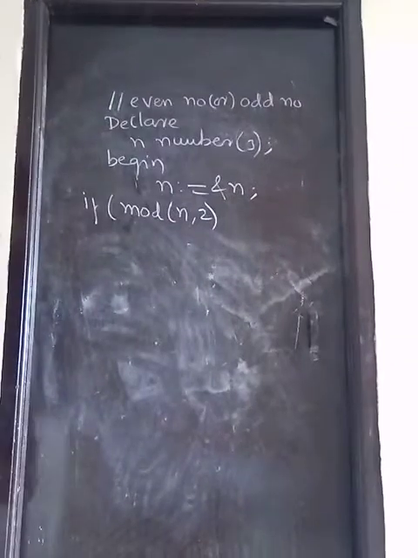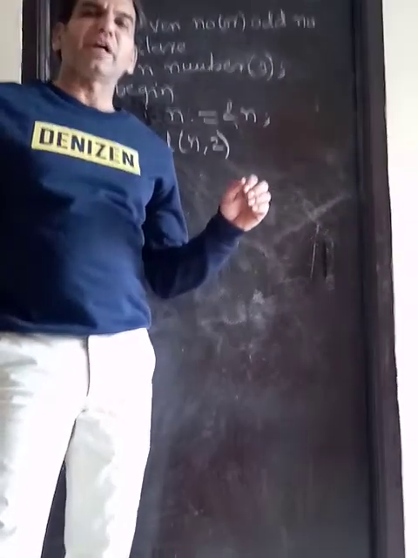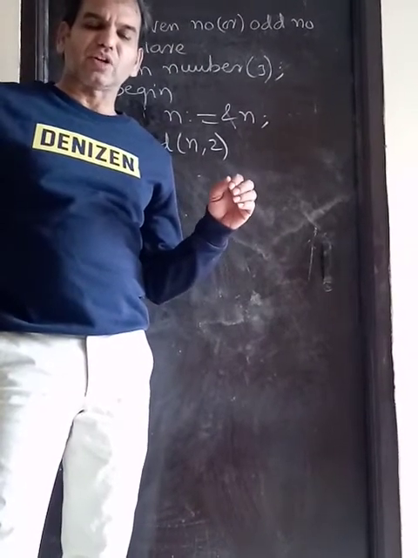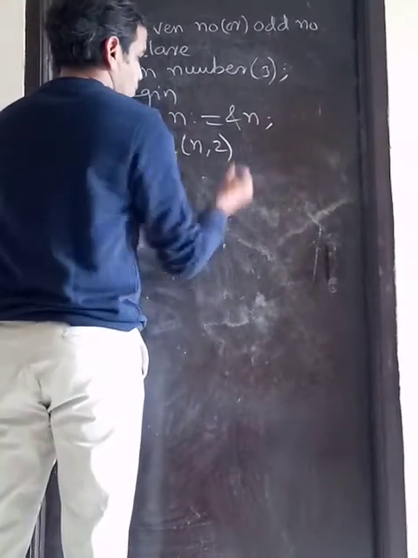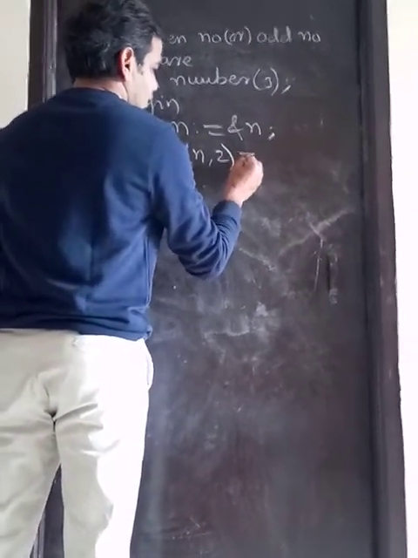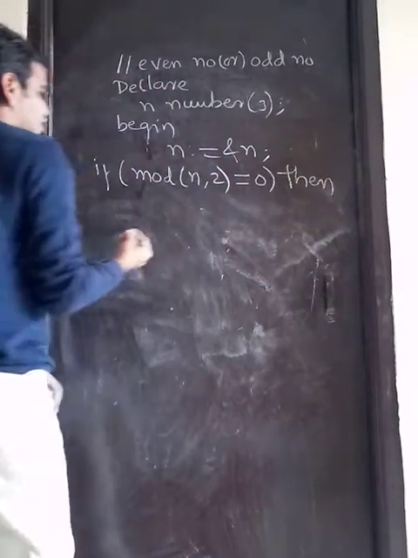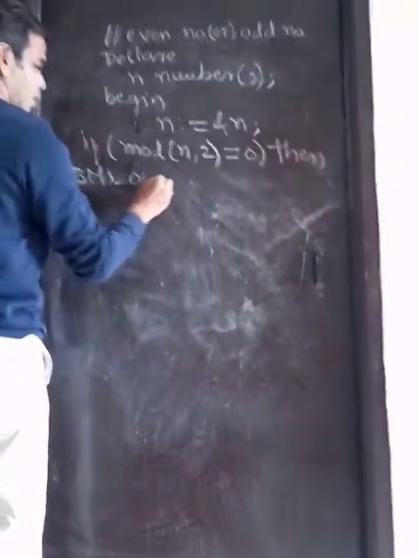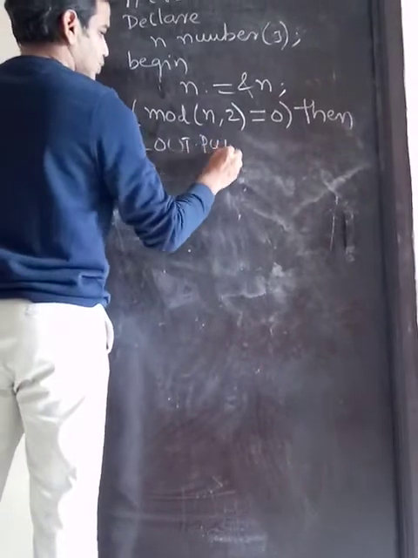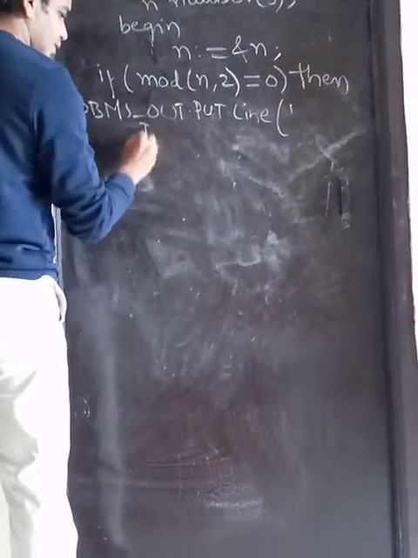So the logic of even number: if n is divisible by 2, when we are getting remainder 0, that is even, otherwise it is odd. If mod n comma 2 equal to 0, then automatically the if condition is true, dbms underscore output dot put underscore line. So it is even.